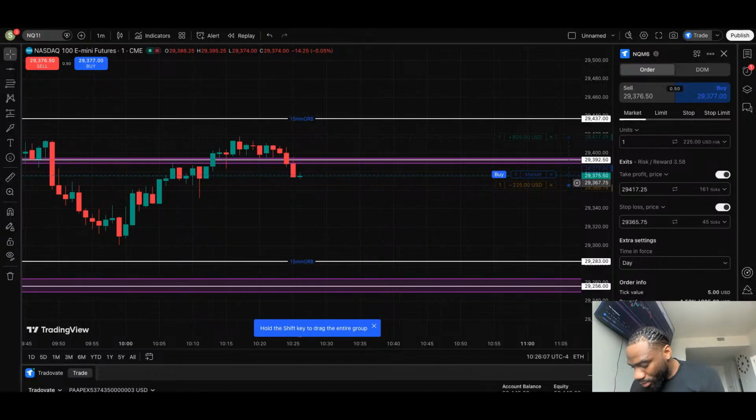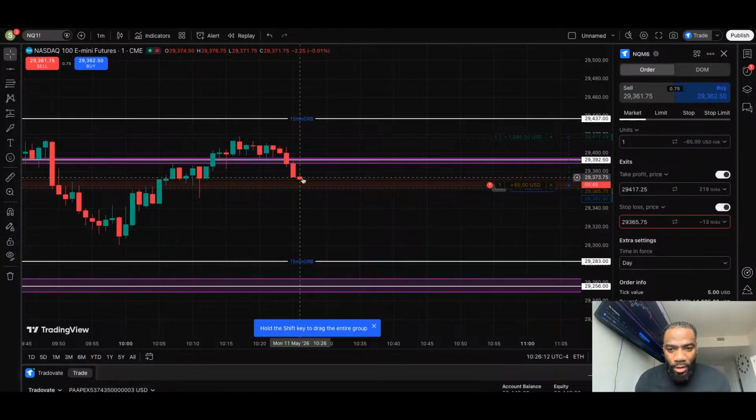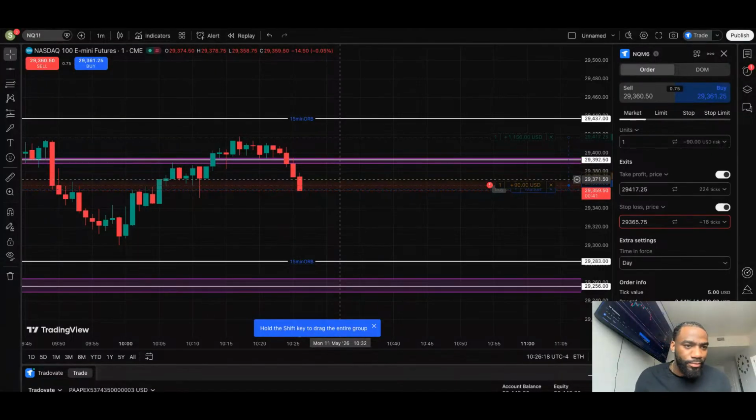Do you agree? Nah, I'm gonna wait for the engulfing candle, but I'm looking for a buy. Yes, come down, come down, come down. Let me move this so I don't confuse nobody.